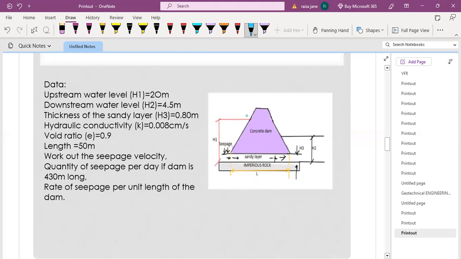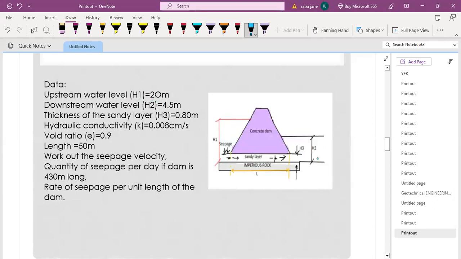In here, in our illustration, the seepage is occurring through the sandy layer underneath the concrete dam. The concrete dam as shown in our illustration here. So, the given data will be upstream water level, we have H1 is equal to 20 meter.